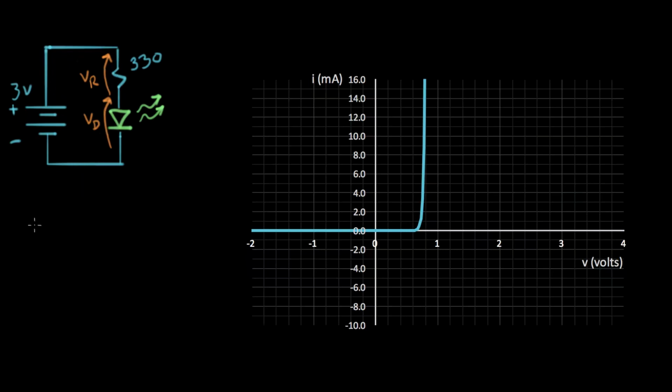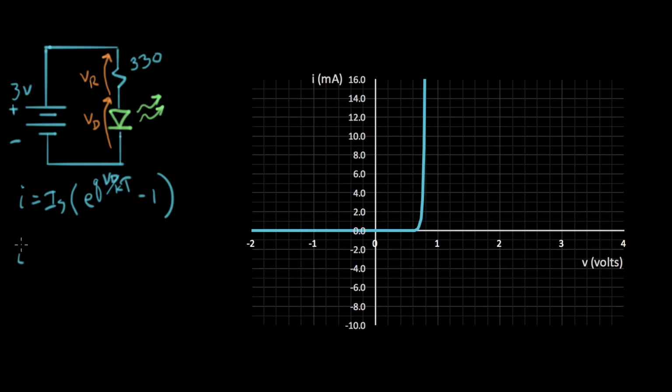So for the diode, we write a current law that looks like this. The current is equal to IS times e to the qV over kT minus 1. So that's the IV characteristic for the diode, where this is V diode right there.